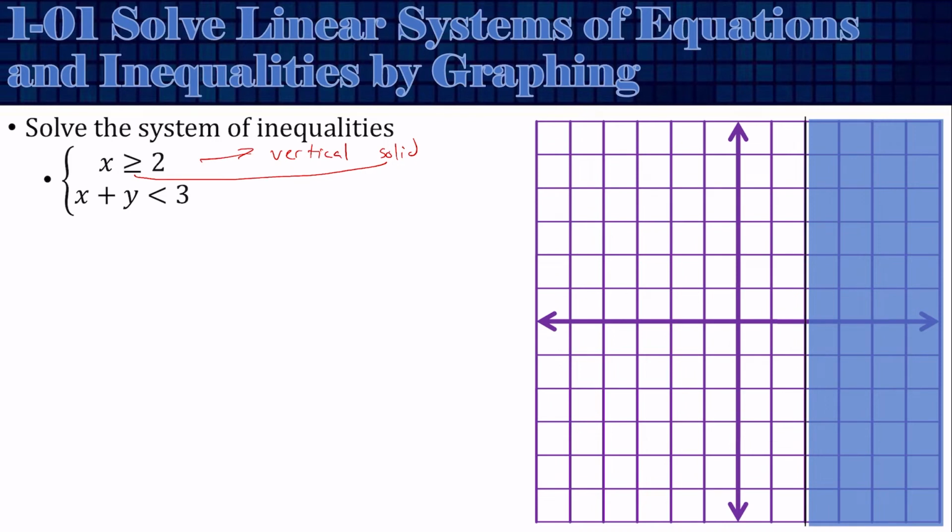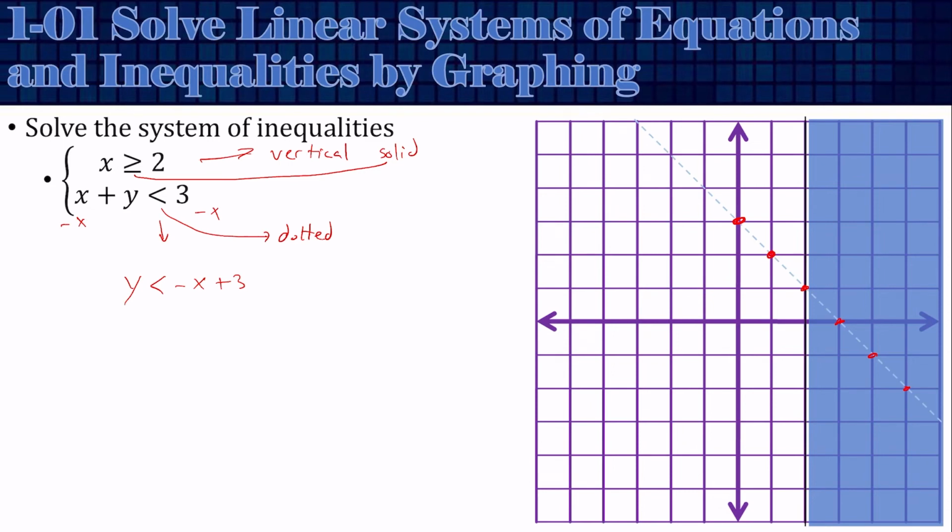If I take this other one and solve it for y, so I'll subtract x, y is less than negative x plus 3. I'm going to start at 3, go down 1 over 1. It's not equal to, so it's dotted.